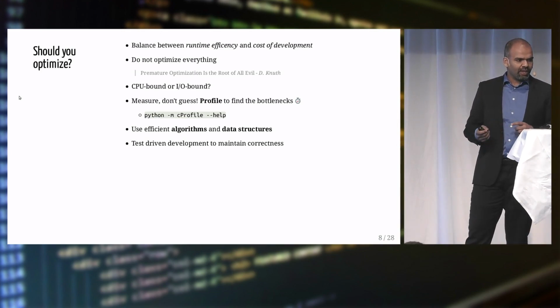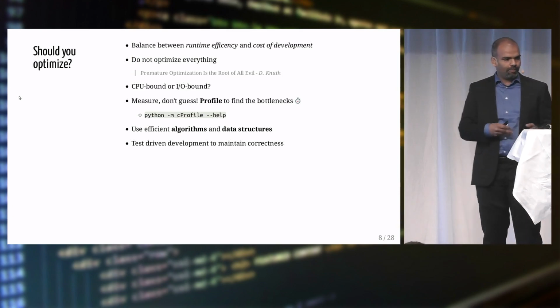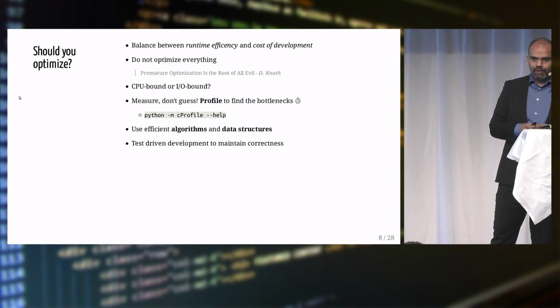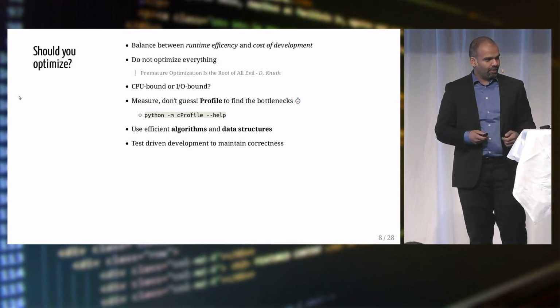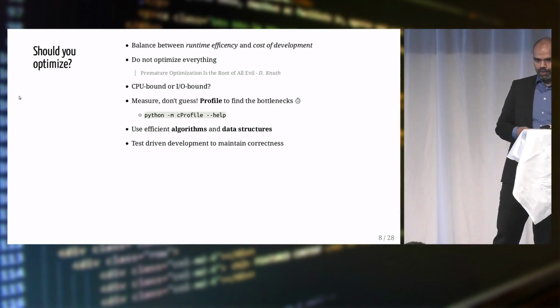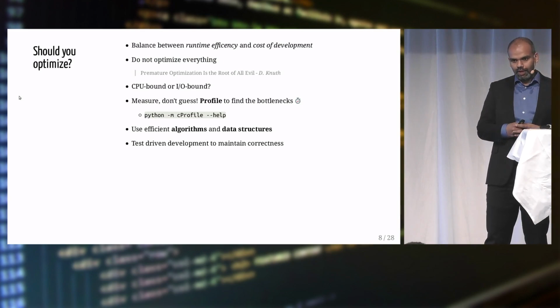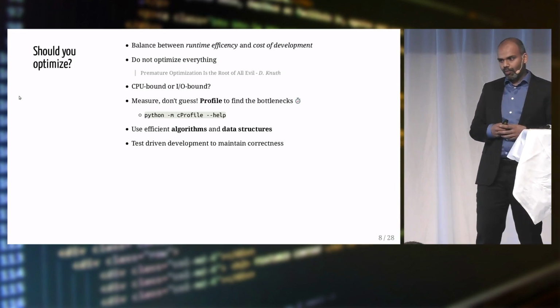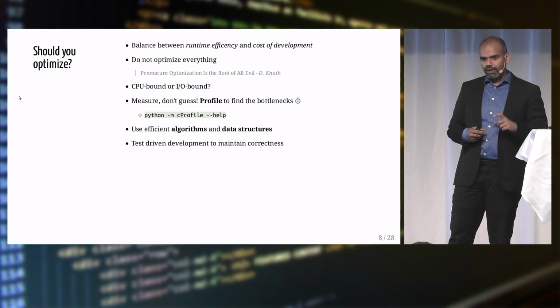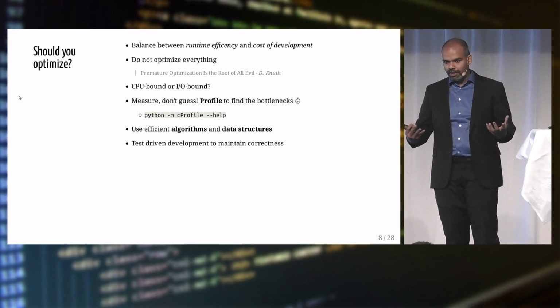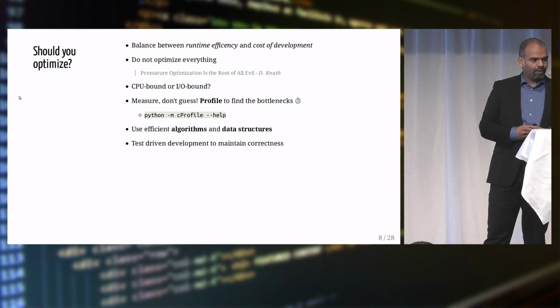So if it's CPU-bound, this is what we are focusing on. And you should not follow your gut feeling. You should do profiling. Python comes with a good standard C profiler, which would tell you how much time is spent in each function per call and cumulatively for the whole run.